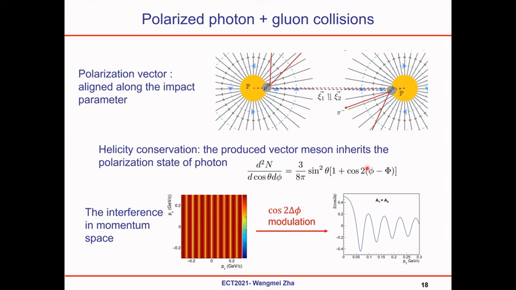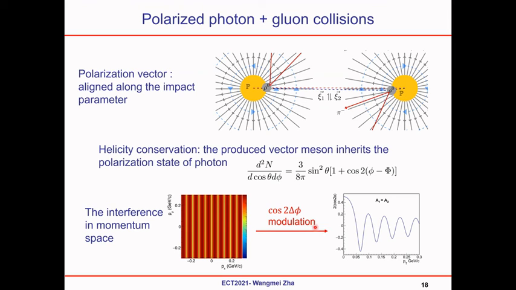So theta and phi, with respect to capital Phi, represent the polarization vector. And we know that due to the interference effect, the vector meson production in coherent photon production in hadron collisions has an interference fringe. So it has an orientation, a preference in the angular, so in the momentum distribution.